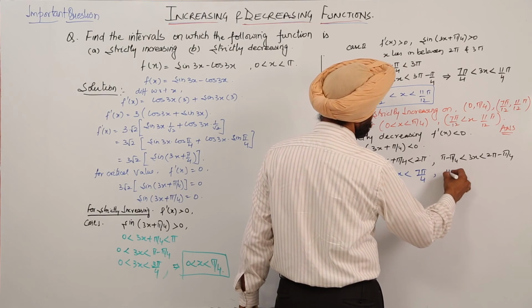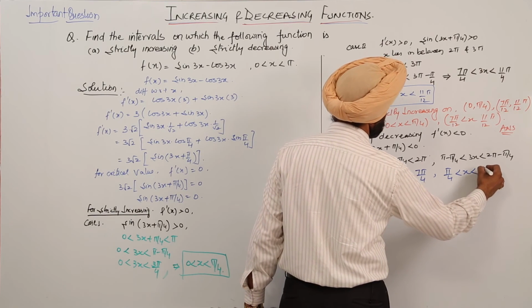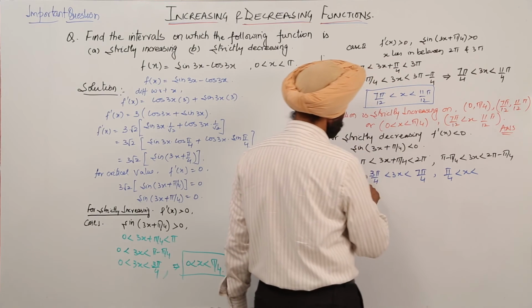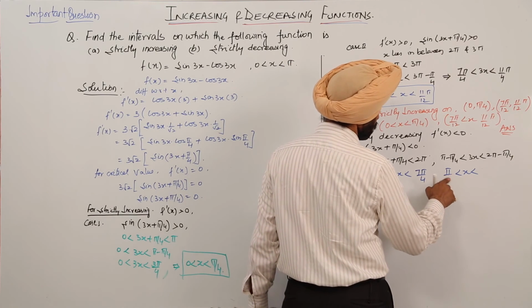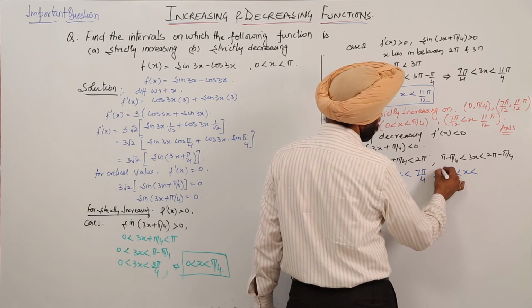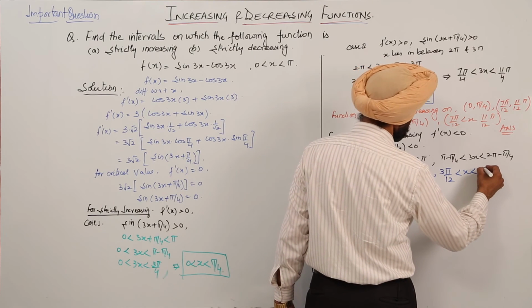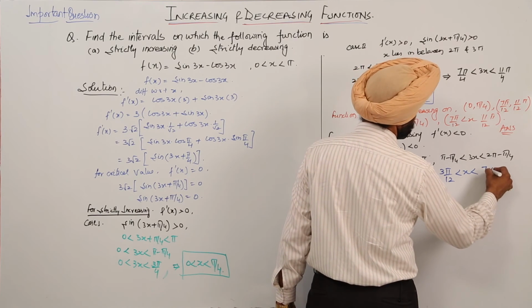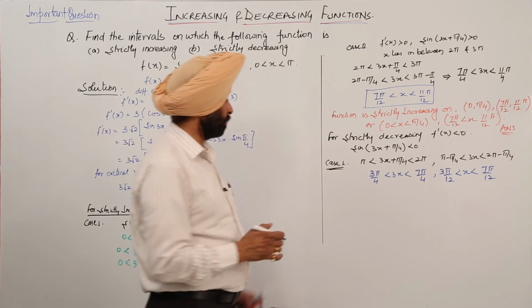Dividing by 3, we get pi by 4 is less than x is less than, with denominator 12, 3 pi by 12 is less than x is less than 7 pi by 12. I am just taking the denominator the same.